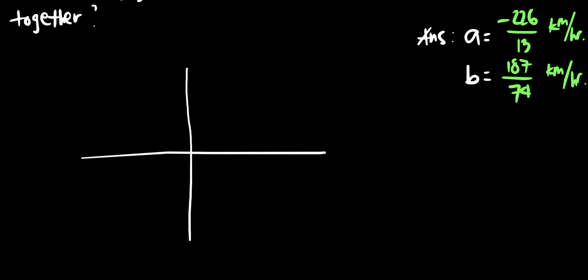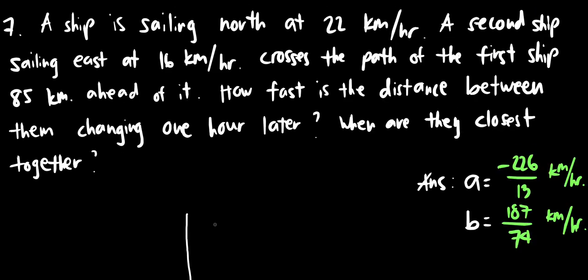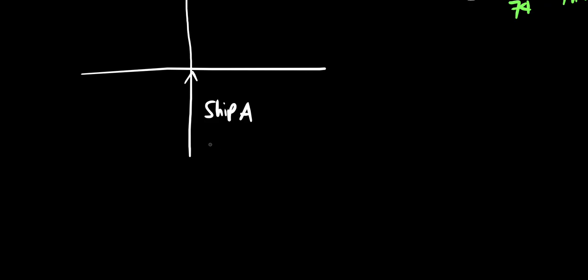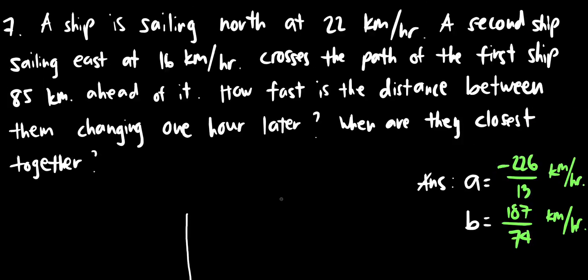So this is ship A. Ship A is 22 kilometers per hour, and it is sailing north. The second ship is sailing east at 16 kilometers per hour.